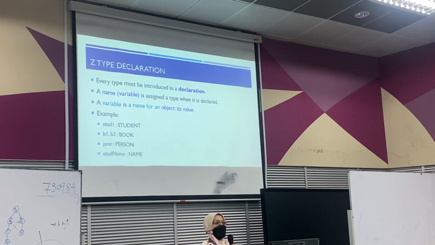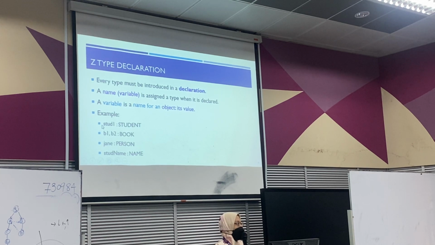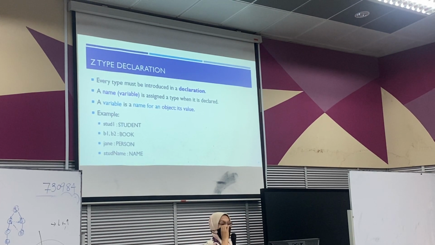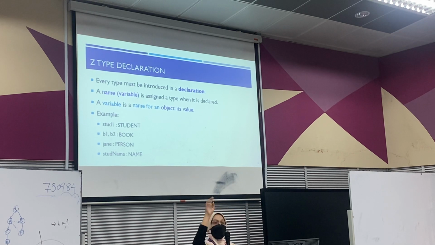So this one means I have a student, one identifier of type student. I have only one student here. If you want to have many students, you put student, colon, power set student.